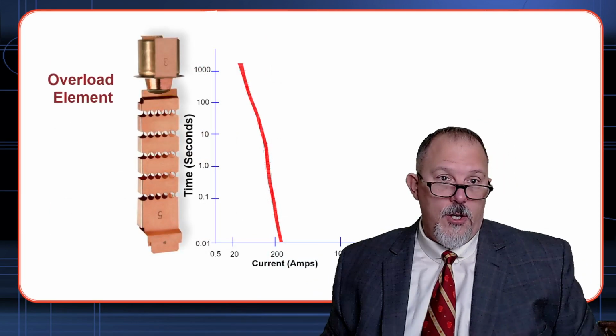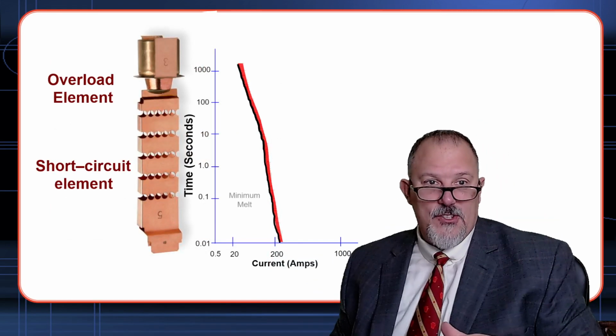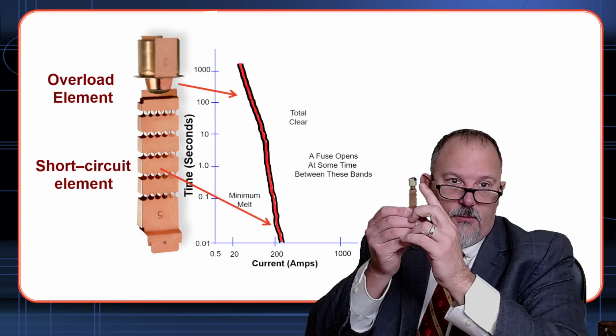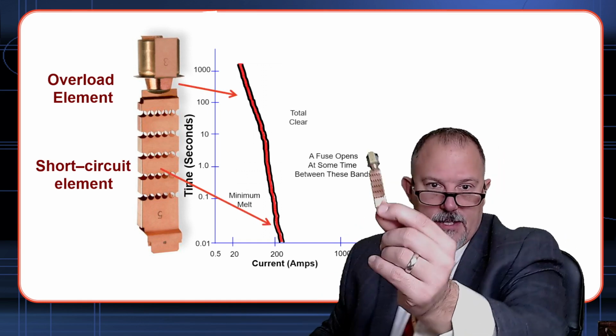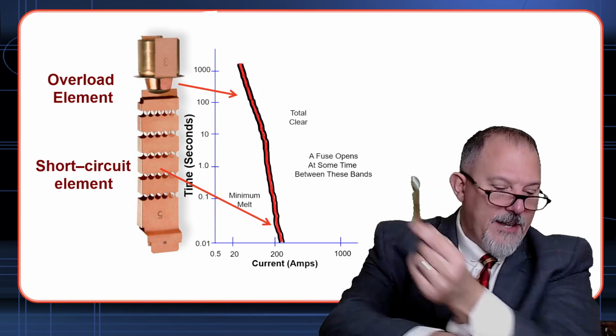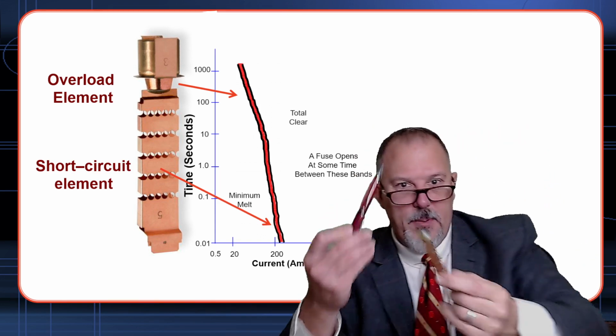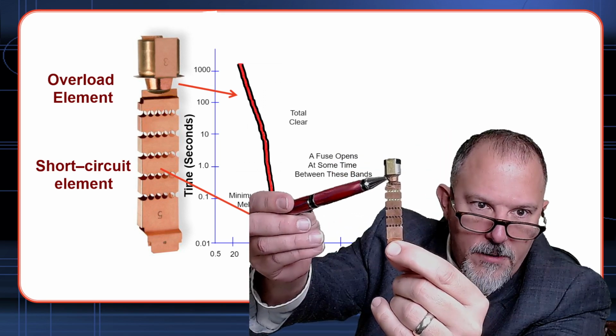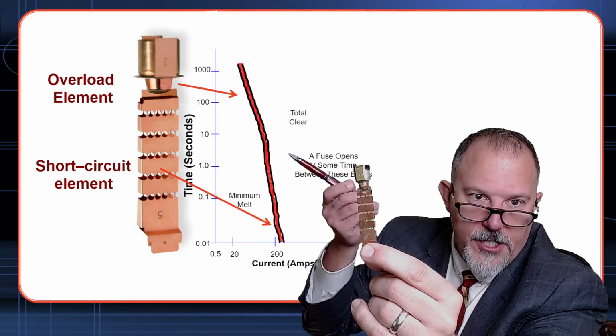Now, what all of this translates into, what I just showed you, this thermal end. This element is the way it's shown in this picture. This portion up here is the overload region.